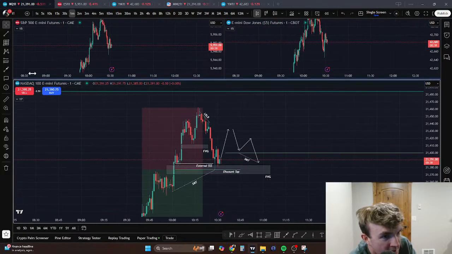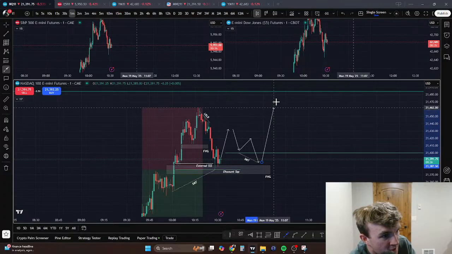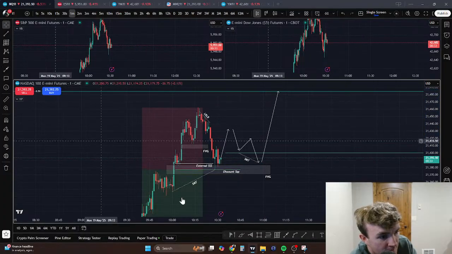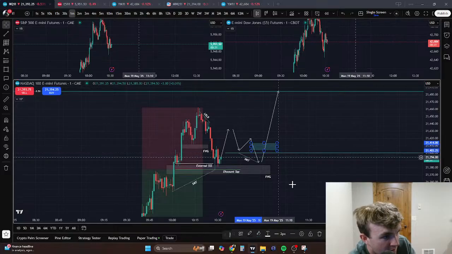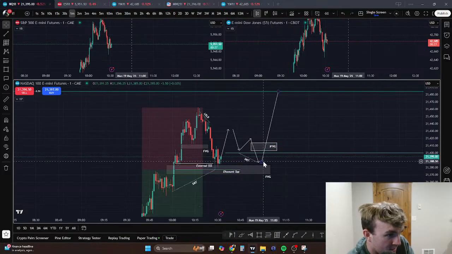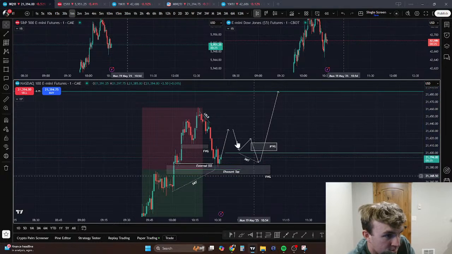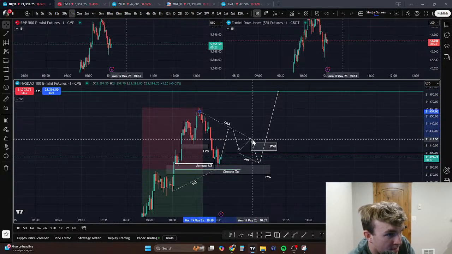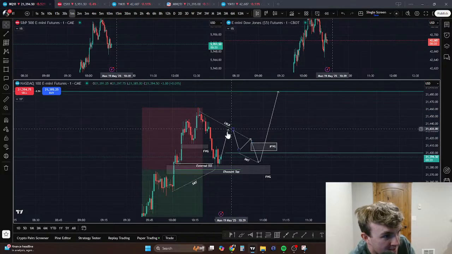So that's kind of what I want to see, and then maybe an inversion here to take us up to draw on liquidity. This would be my idea, something like this, because I want to see more LRLR build up, right? Because I don't think this is enough yet.